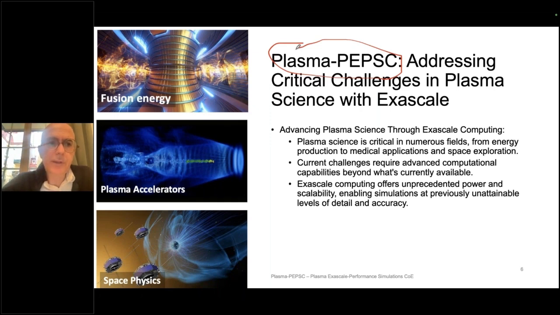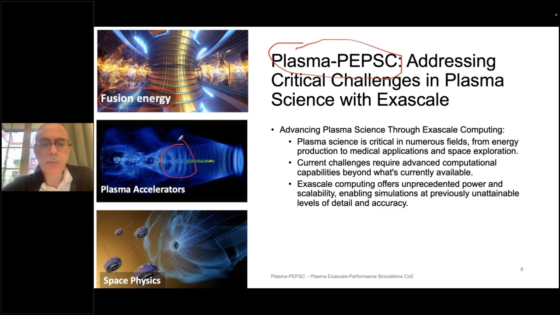The first main grand challenge is about fusion energy, and we have 2 codes. One is called GENE. Another that is more focusing on material plasma interaction is called BIT1. We have a grand challenge related to modeling at a very high accuracy a novel plasma accelerator, and the code in this case is PIC on GPU.